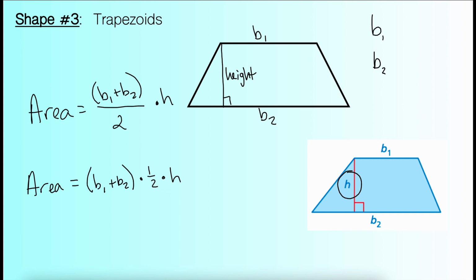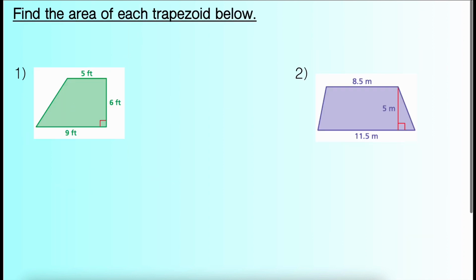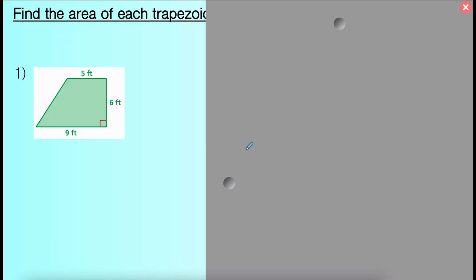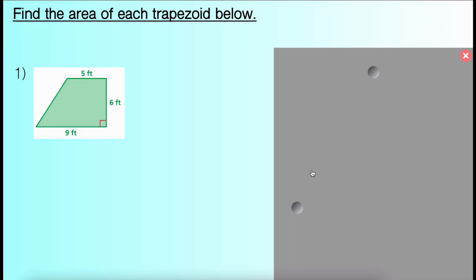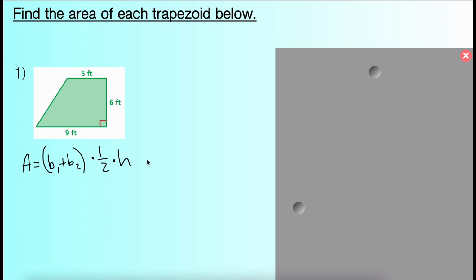Now, with that formula, let's do two example problems. I'll try one and give you a shot on the other, and that'll wrap up this quick lesson on trapezoids. The first one we'll do is this green trapezoid, and I'm going to cover up the other one so we're not distracted. All right, so the formula, I'll write it out. We are going to sum the bases, b1 plus b2, half that, and then multiply by the height of the trapezoid.